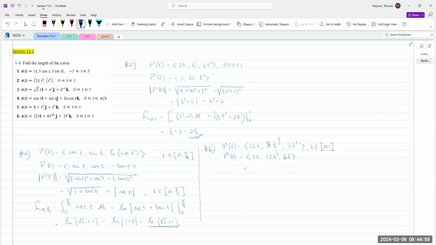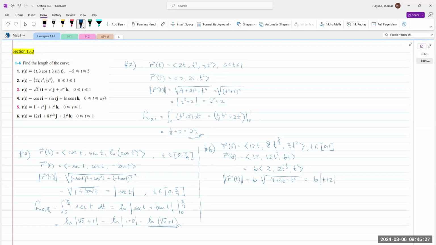You know what? I can factor the 6 out. So this is 2t to the 1 half, and then t. So the magnitude of r prime t will be 6 times the square root of 4 plus 4t plus t squared. Gada boom, that will be 6 times the absolute value of t plus 2.